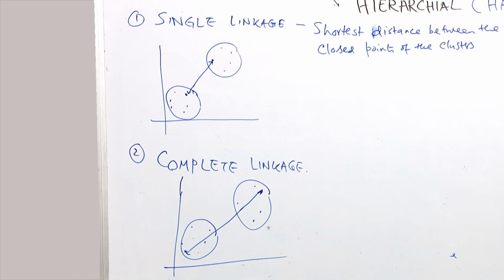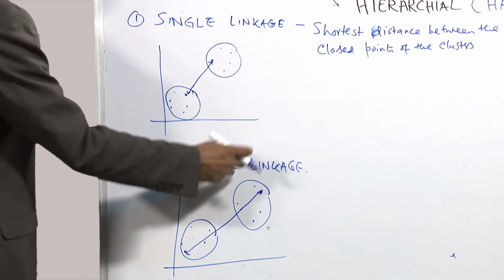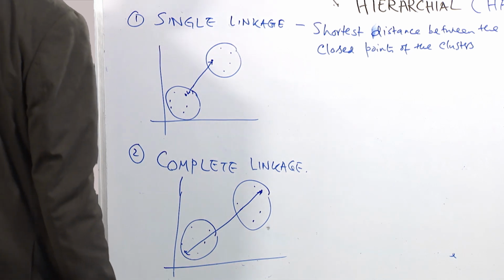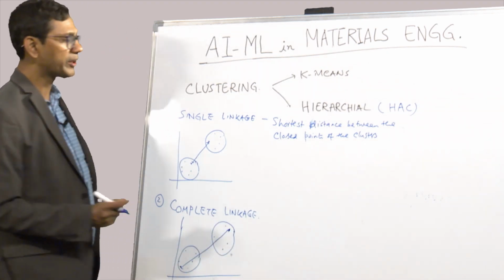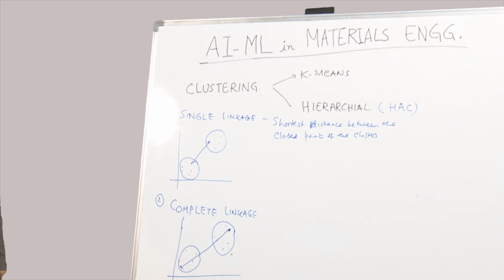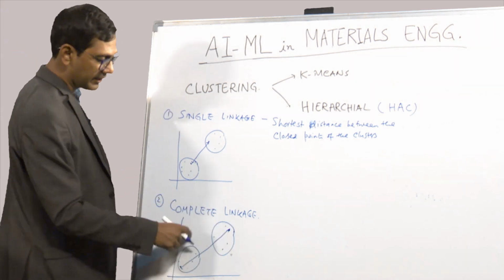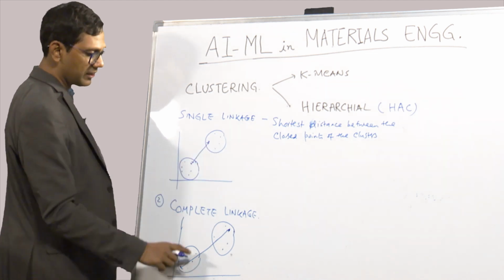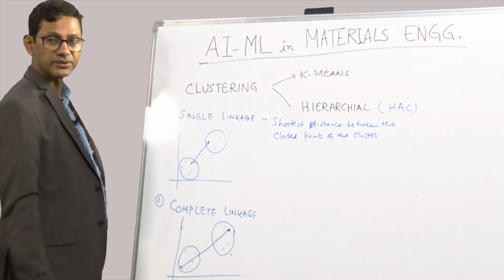Farthest distance between the 2 points of the 2 different clusters. It is one of the very popular linkage methods. So, remember what we are doing when you want to form these hierarchical clusters. We can either do a single linkage or farthest distance linkage.